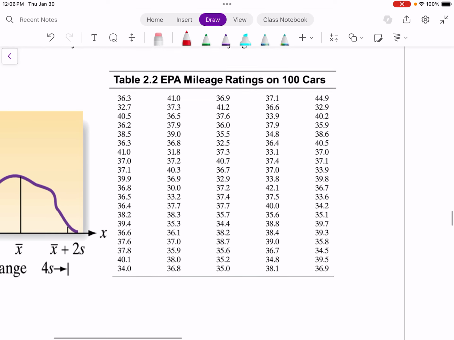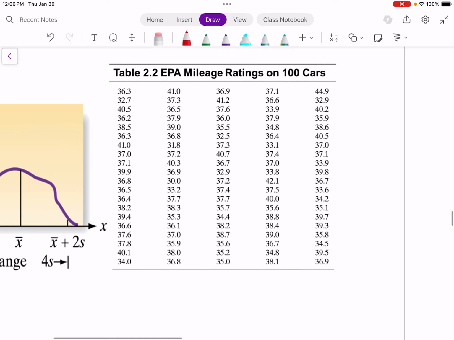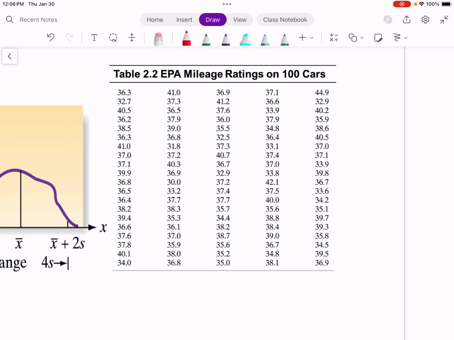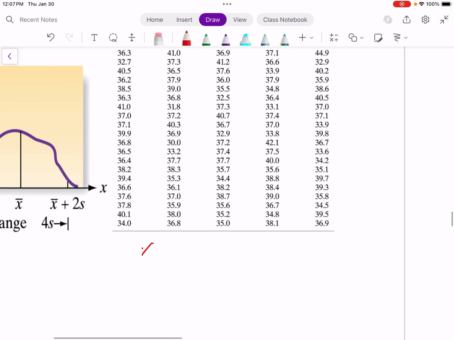We want to calculate the number of measurements within one standard deviation. How do we write that interval mathematically? That is x bar minus s to x bar plus s.